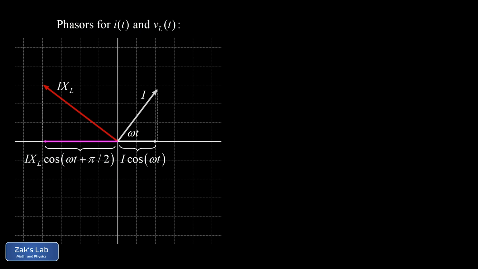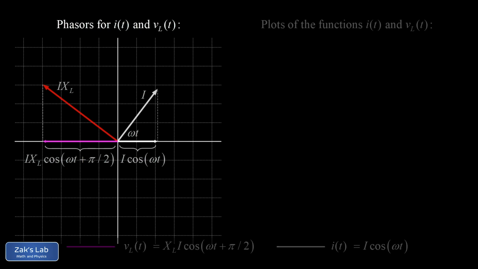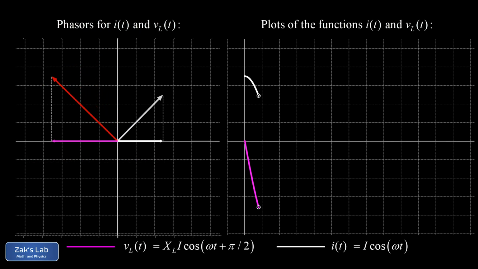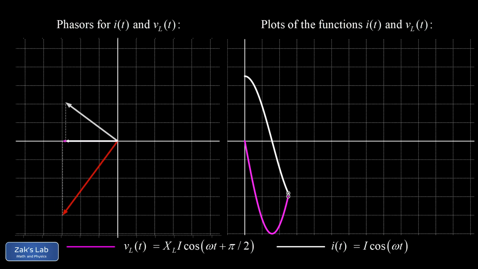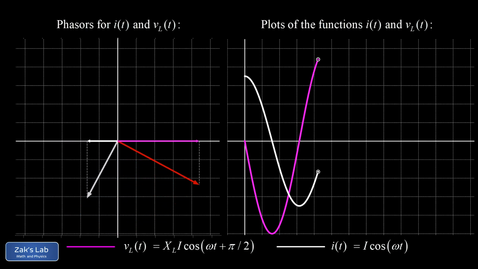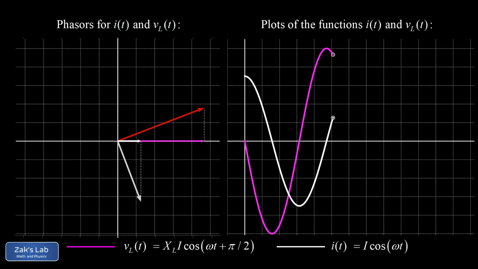Remember, these phasors are actually rotating with angular velocity omega, and the values of the horizontal projections generate the sinusoidal functions represented by the phasors. In the animation, we can watch those horizontal projections generate points on the corresponding sinusoidal functions using the usual convention of rightward as positive and leftward as negative.